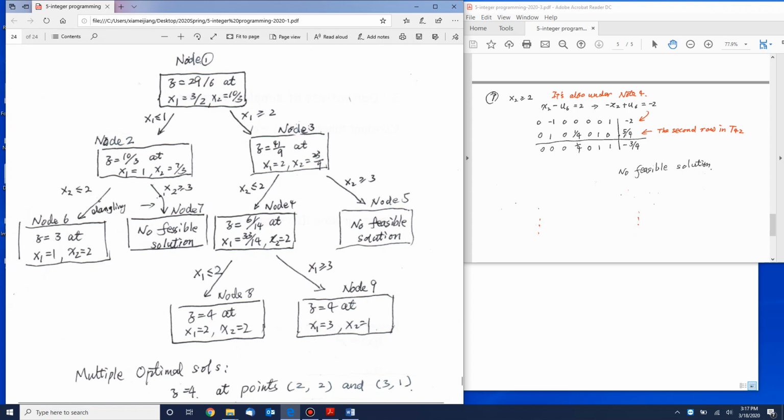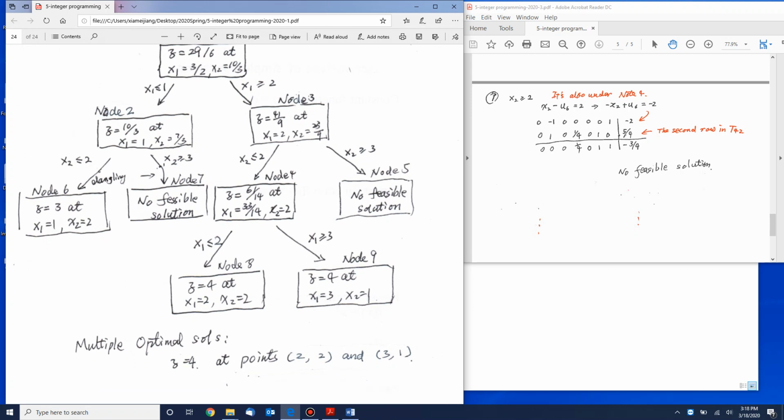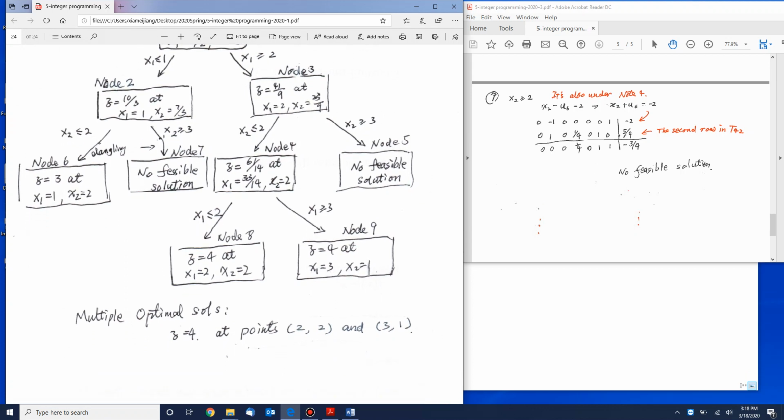So in this way, we could say that for this problem we have multiple optimal solutions, z equals 4, at these 2 points: (2, 2) and (3, 1). Do you say there are multiple optimal solutions on the line segment between (2, 2) and (3, 1)?